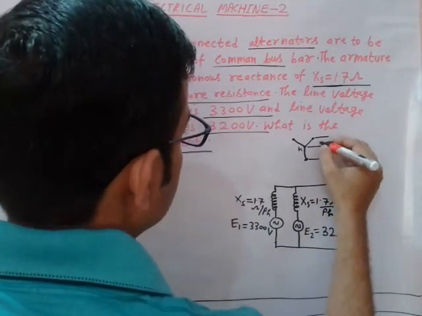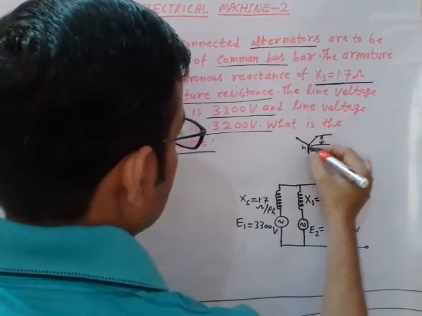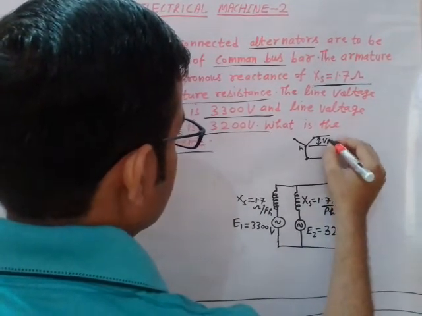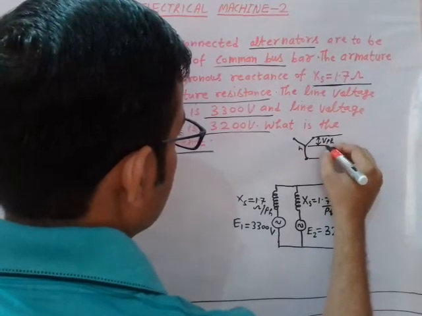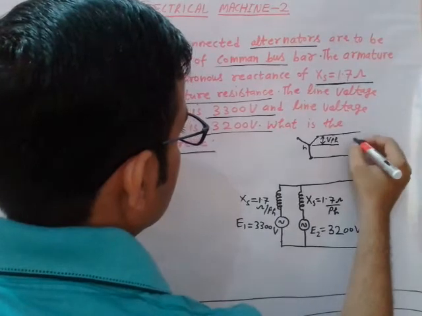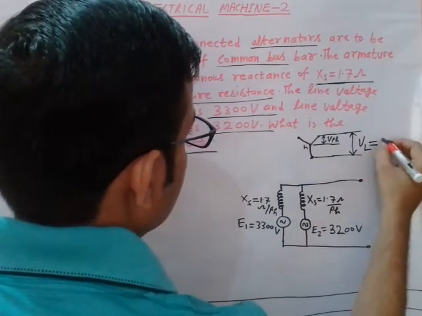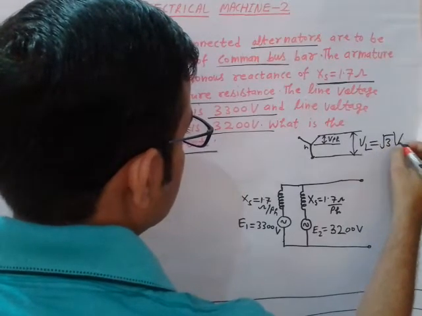Line to neutral voltage is the phase voltage, V phase, and line to line voltage is the line voltage. So for a star system, V line is equal to root 3 times V phase.